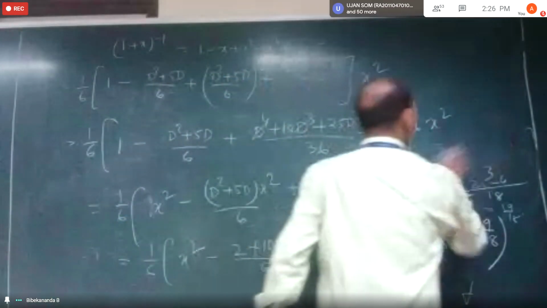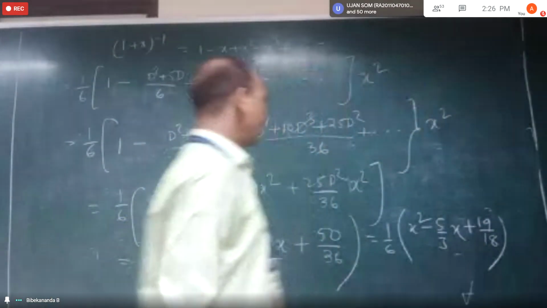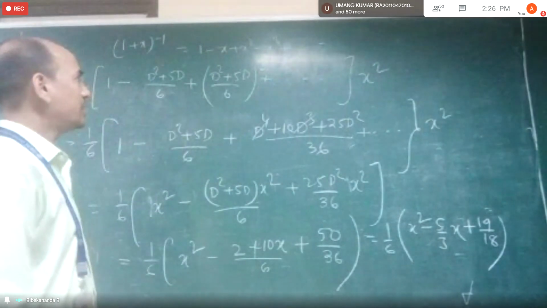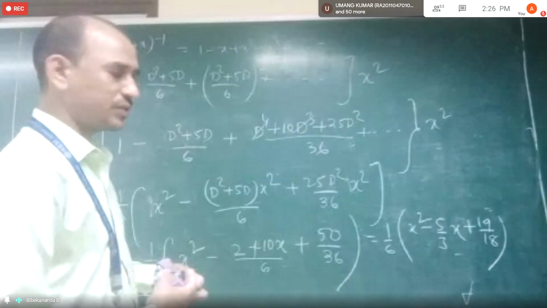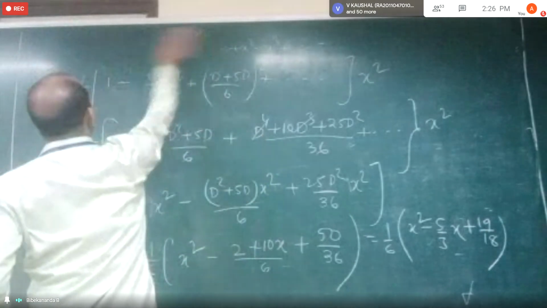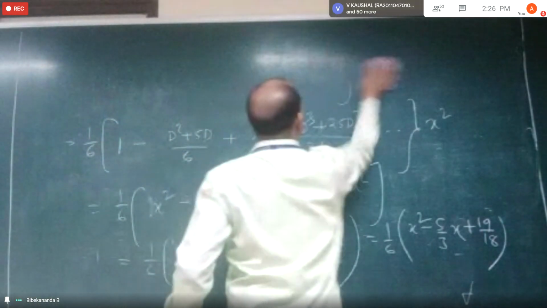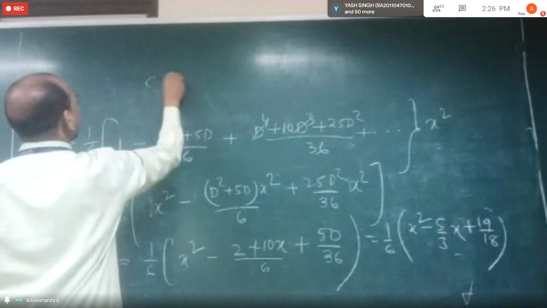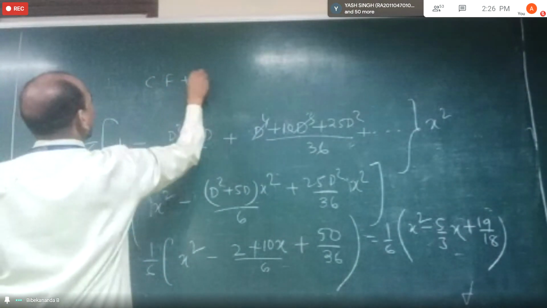This is my PI. So PI is nothing but this one. Now what will be the complete solution? Complete solution is CF plus PI.